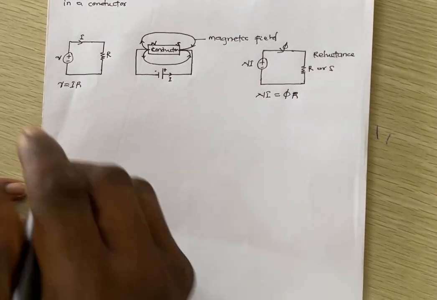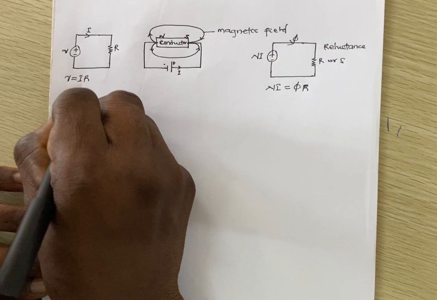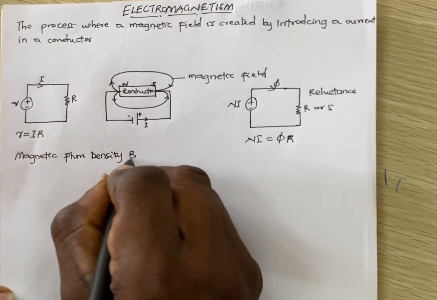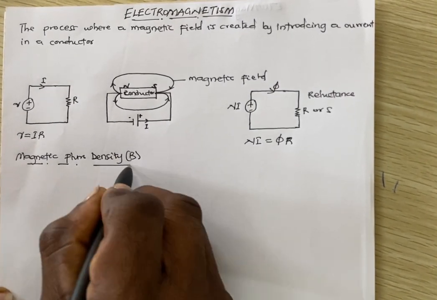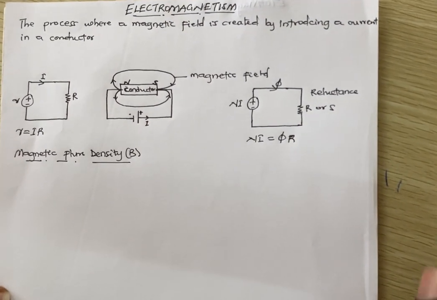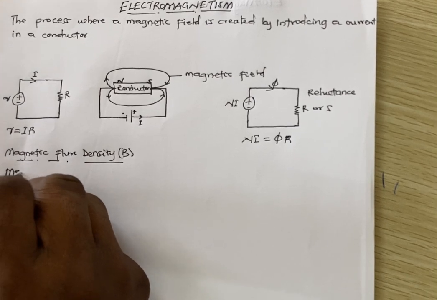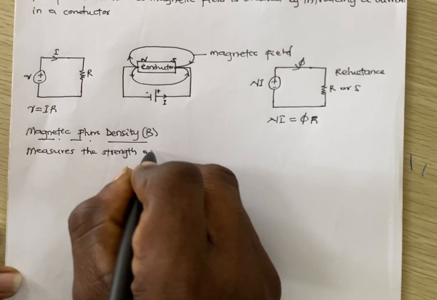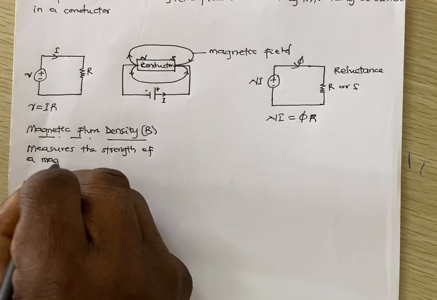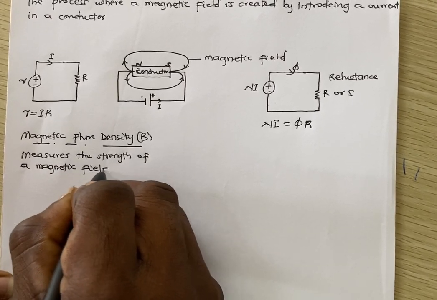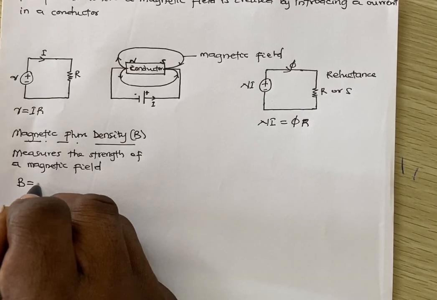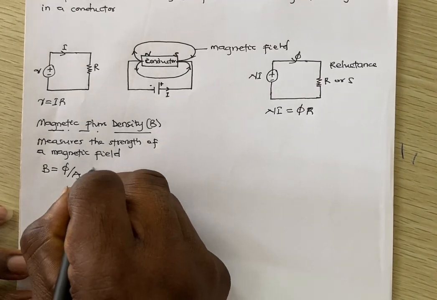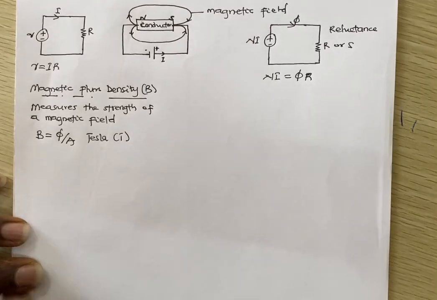Starting with magnetic flux density, with a symbol of B. We say magnetic flux density is the measure of the strength of a magnetic field, and we say B is equal to the flux over the cross-sectional area of a material, which has a unit of Tesla, T.